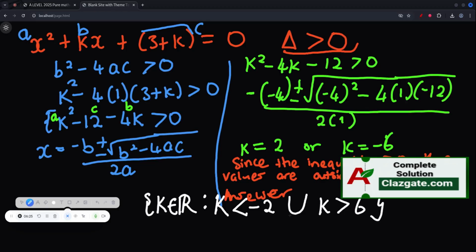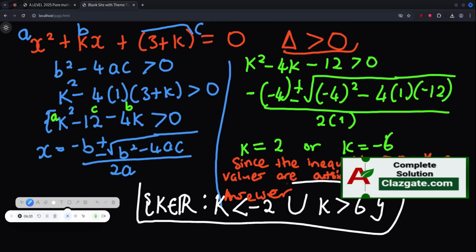So it's outside the roots. That's why k is less than -2 and k is greater than 6, because it's real and distinct. So this is our answer here.